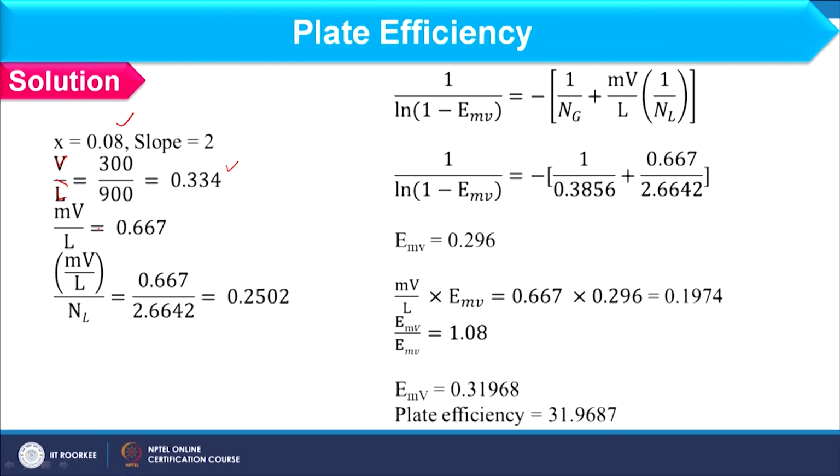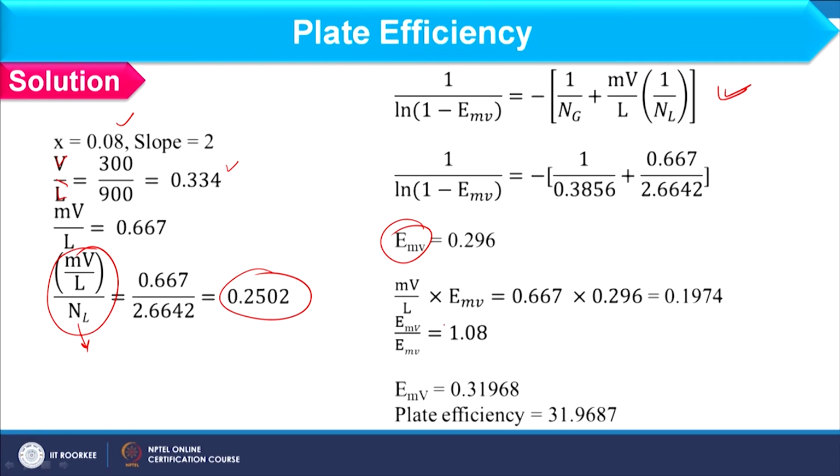Considering M, V and L, you can find this expression which also includes the NL value, and the whole expression value can be obtained as 0.2502. Now you can use this expression to find the point efficiency, which is coming out as 0.296.